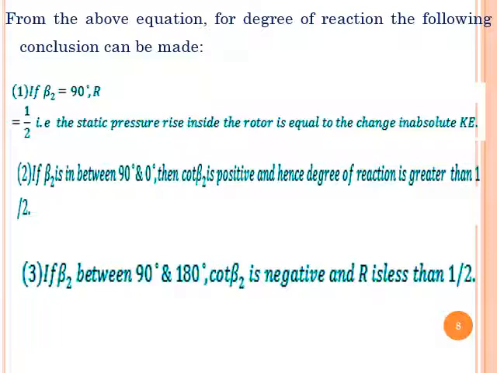And the third conclusion is, if beta 2 is in between 90 degree and 180 degree, cot beta 2 is negative and R is less than half. So these are the three conclusions obtained from the degree of reaction expression.